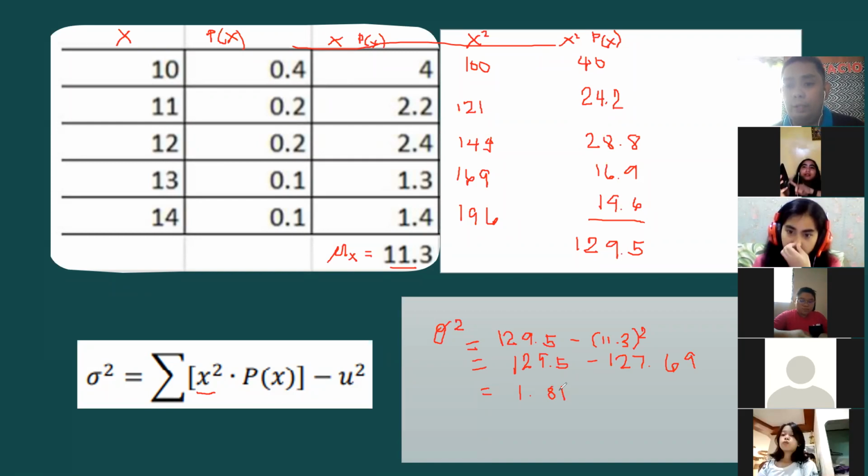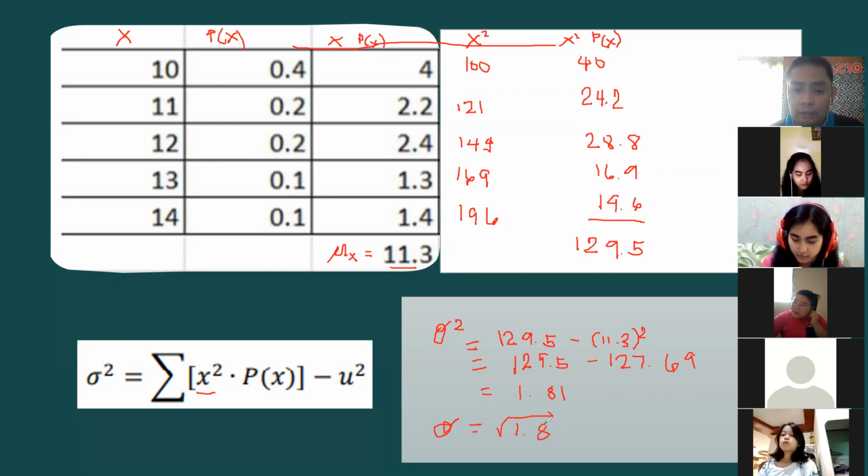Is 1.81. What is our SD? Find the square root of 1.81. What is the square root of 1.81? So that is 1.35.